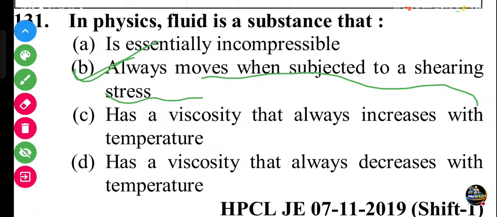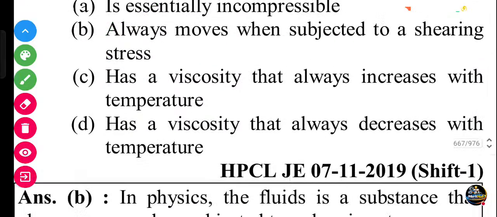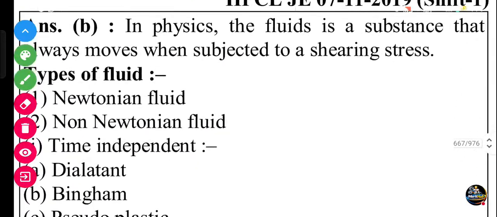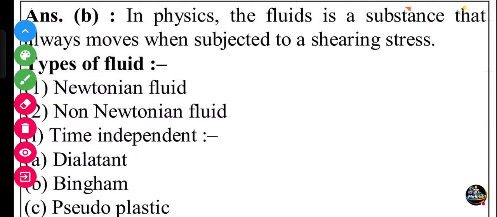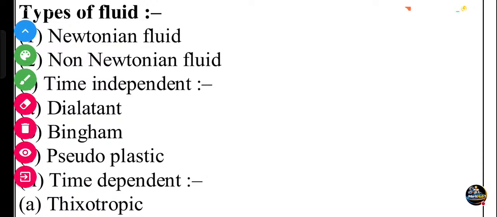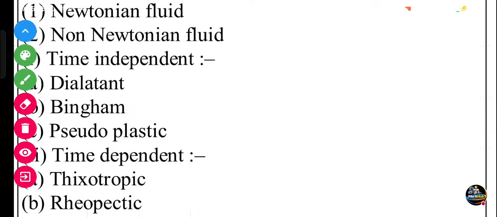A fluid cannot resist shear stress. You can see the explanation in physics. Types of fluid: Newtonian and non-Newtonian, time dependent and time independent. Time independent fluids are dilatant and pseudoplastic fluids; time dependent are thixotropic and rheopectic fluids.